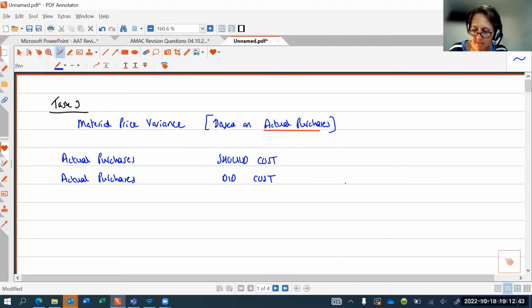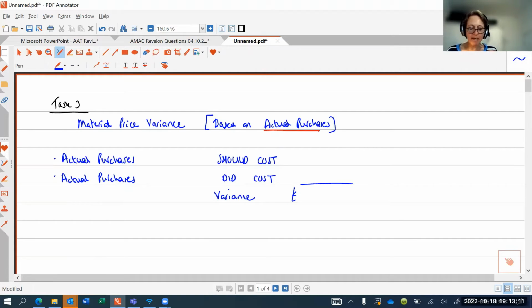And the difference between those two things is going to be my variance. And that's the pro forma I need to carry around in my head for material price. But look at how that first sentence helped me. It was based on actual purchases. So that's the beginning of each of my rows. The first one then says should, the next one says did, and I'm almost there.